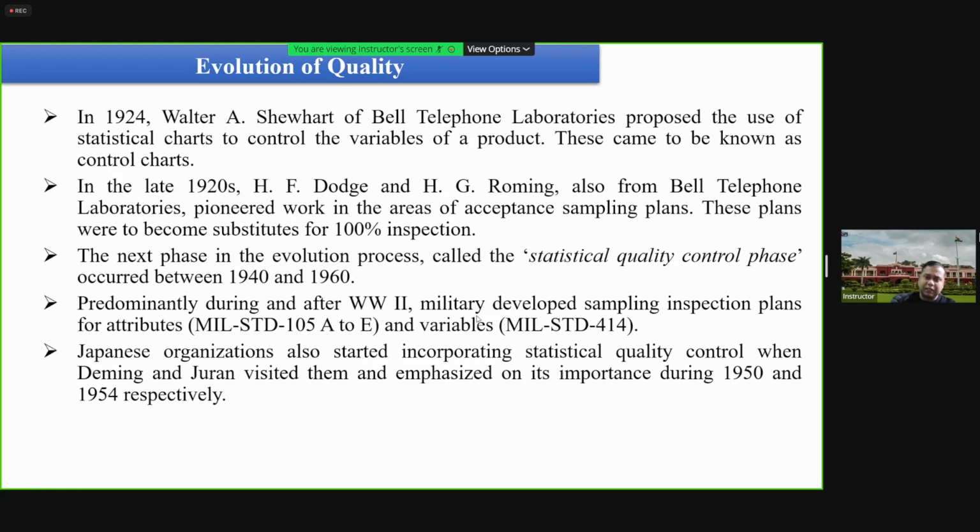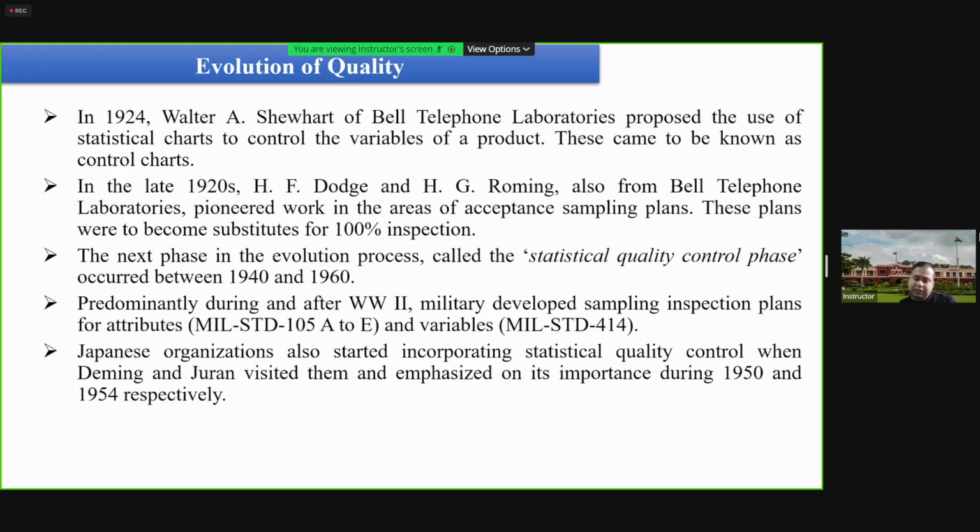Now, till that statistical quality control period, as we discussed earlier also, quality was generally considered the responsibility of only the person who is producing or the person who is inspecting the product.